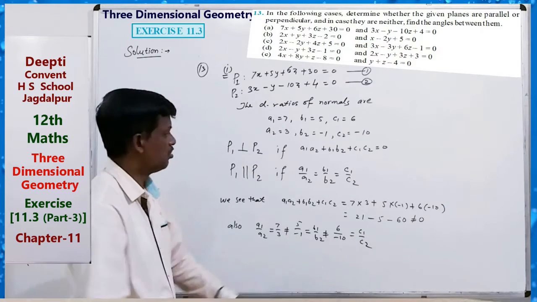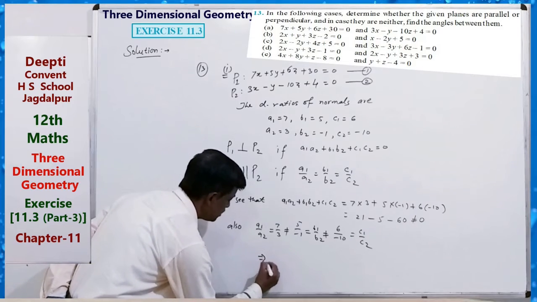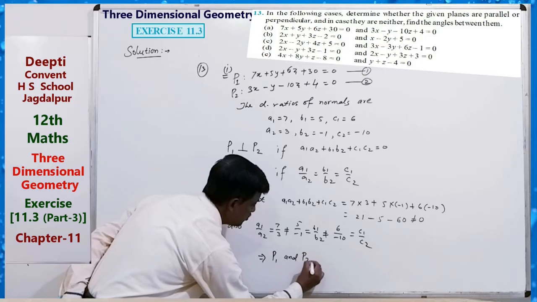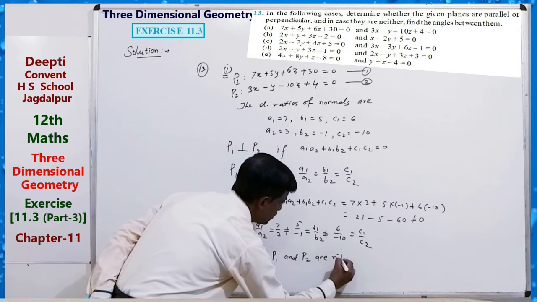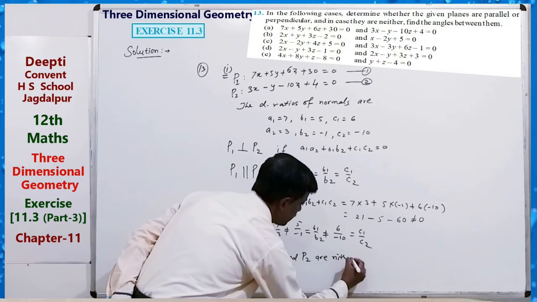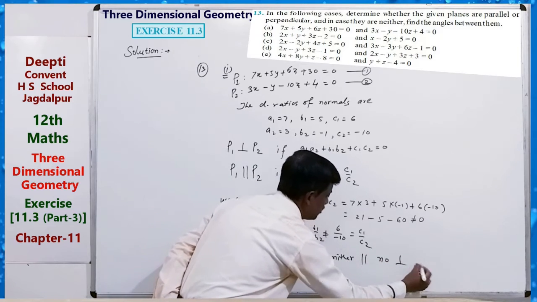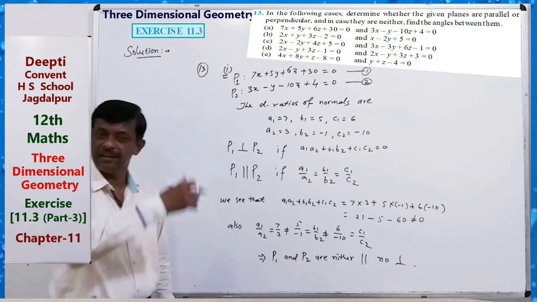That is, both are not satisfied. This implies plane 1 and plane 2 are neither parallel nor perpendicular. So we can find the angle between them.